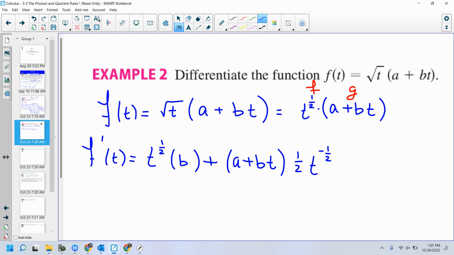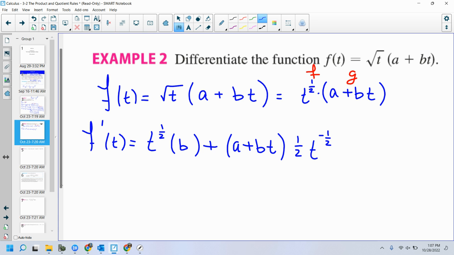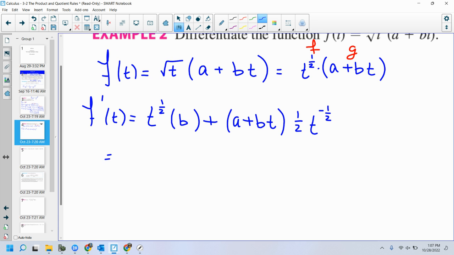From here on out, we are just reducing it. Okay, so this is the square root of t. Let's put the b in front because it's a constant. b radical t plus, all right, now I've got a plus bt in the numerator divided by 2, and then I would say t to the 1/2 power down below, but let's just put 2 radical t.